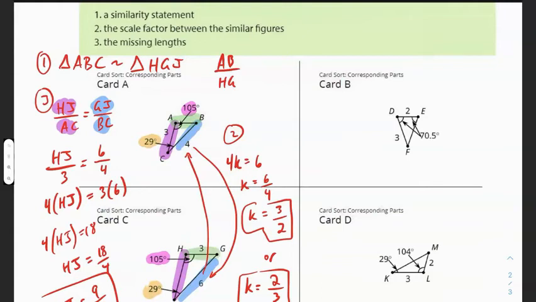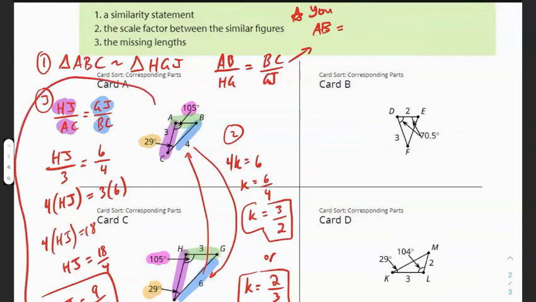And what's funny is we could still use BC is to GJ. Okay, go ahead and solve for AB. That's for you. Very similar to this, just different sides, of course.